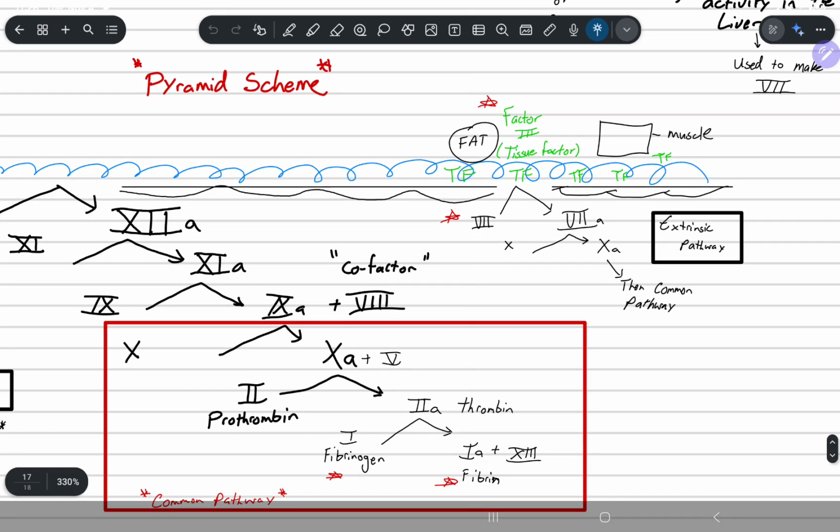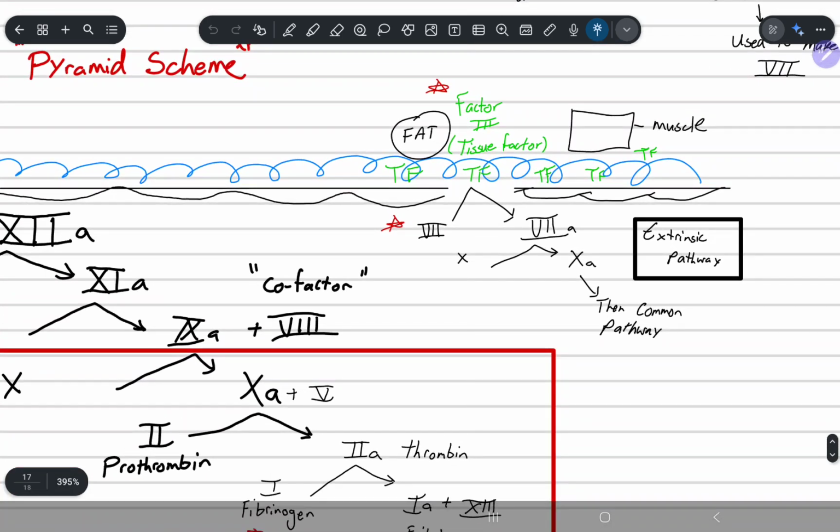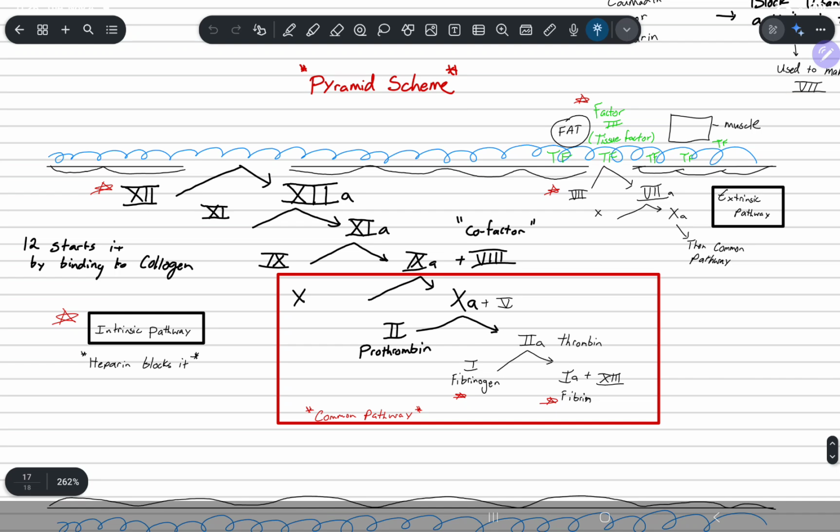Anyways, for the extrinsic pathway, when it's binding with tissue factor, it'll go from 12 down to 12A, and then from 10 to 10A, and then back to the common pathway. So this one's a little bit shorter than the intrinsic, but they both lead back to the common pathway.